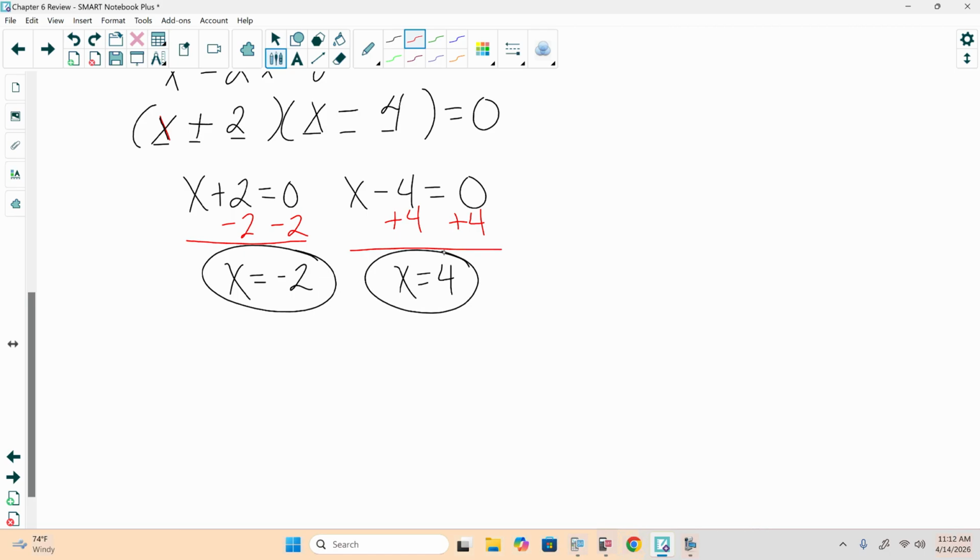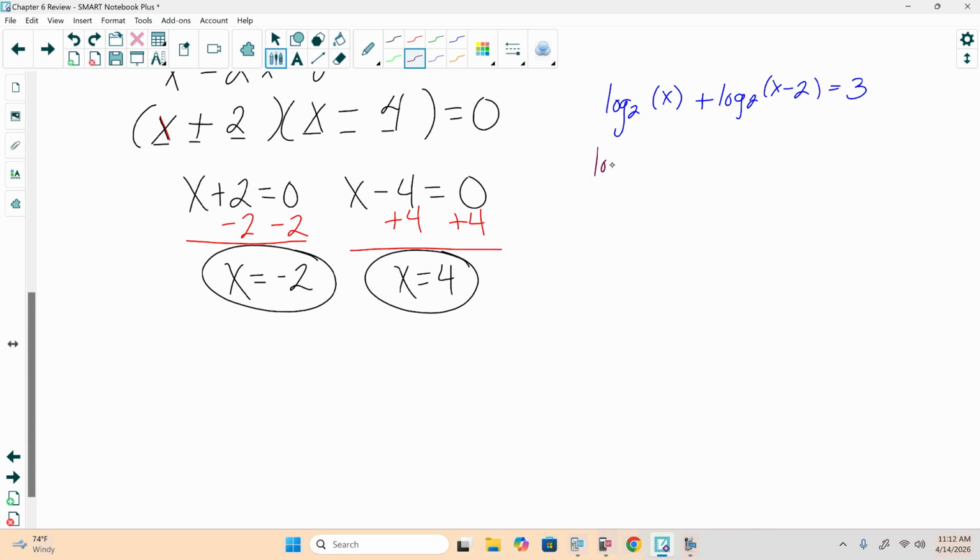Now, especially if we get more than one solution, especially if we get these negatives, we will need to check our answer. Back into the original problem, our log base 2 of x plus log base 2 of x minus 2 is equal to 3.